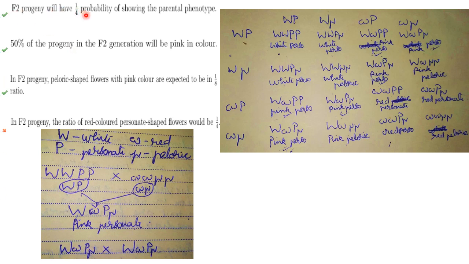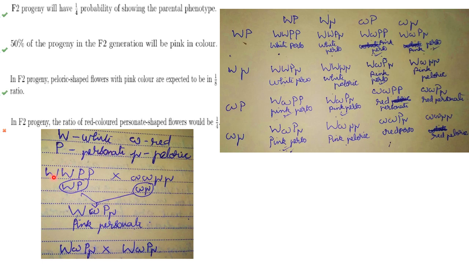F2 progeny will have 1 by 4th probability of showing the parental phenotype. Now they have crossed white, that is capital W, and red is small w. Personate is capital P and peloric is small p. Because they have told that in the F1 generation they have got personate, personate must be the dominant allele.